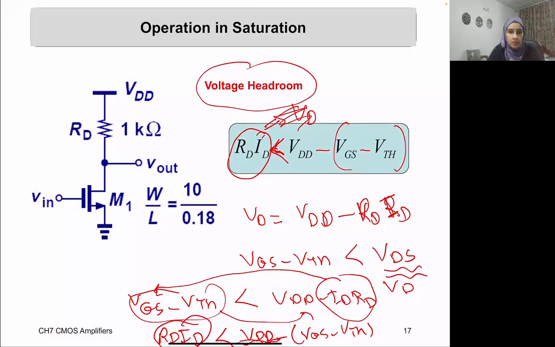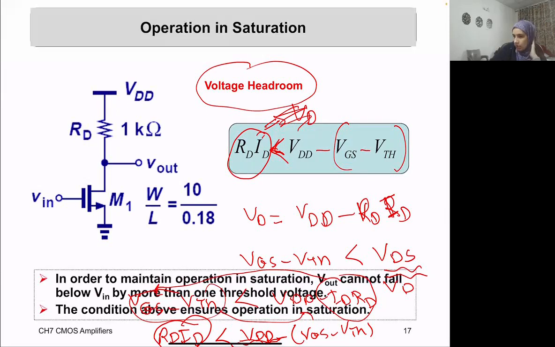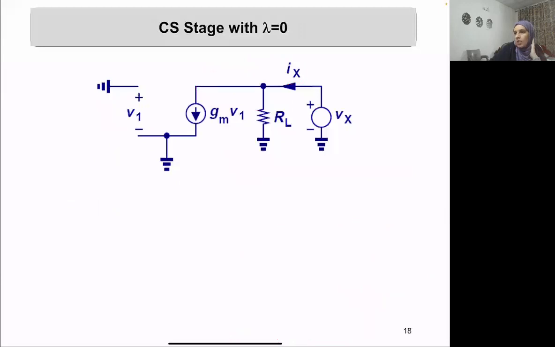On one side, we want lower RD so we can be more relaxed in terms of the saturation region. But from a gain point of view, we want a larger RD in order to increase our gain. And this problem we usually again call the voltage headroom problem.